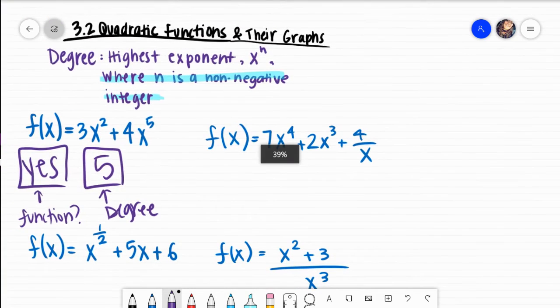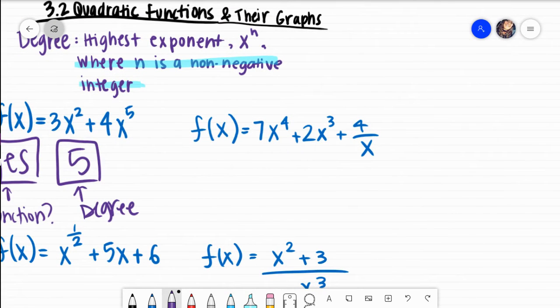You know what? Let me do this right here. If we have, let's say, a raised to a negative n power, you can write it as 1 over a to the positive n power. So just understand that the equal sign literally means equivalent.